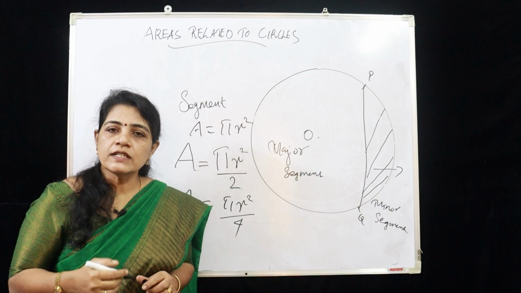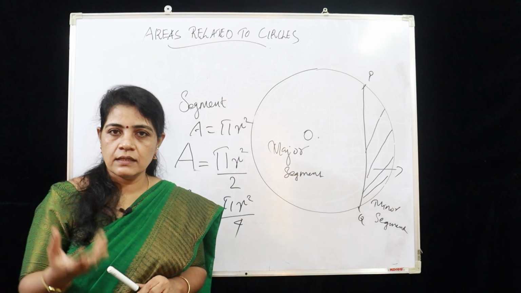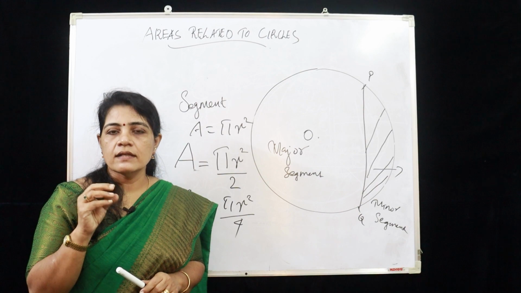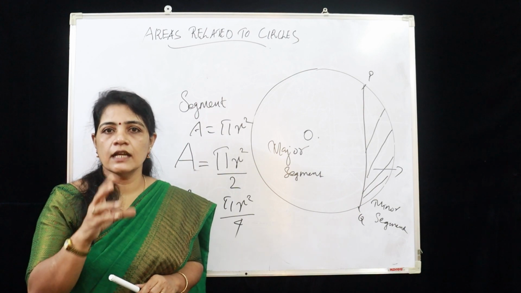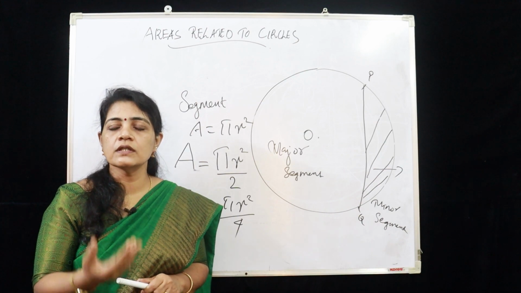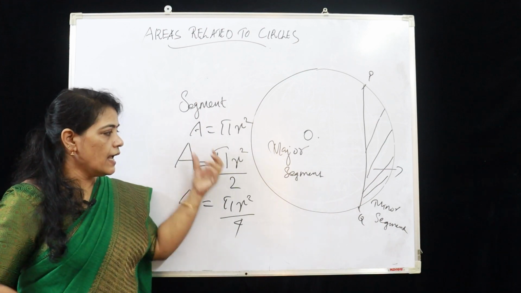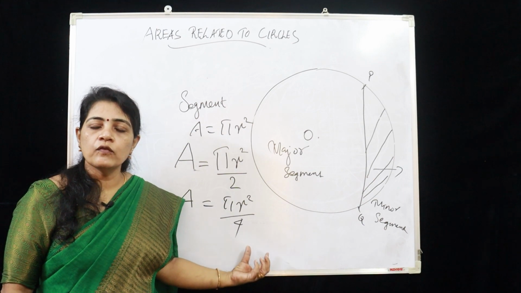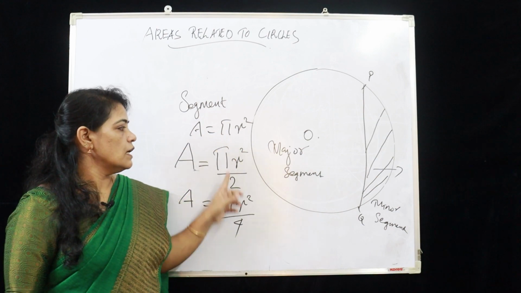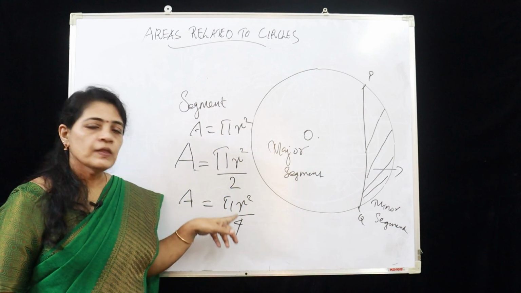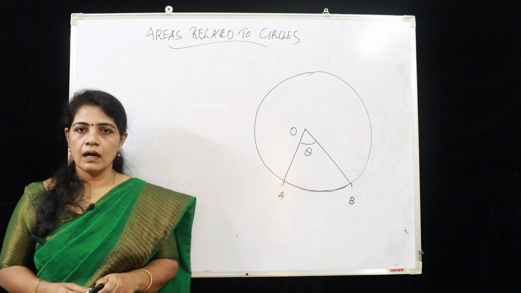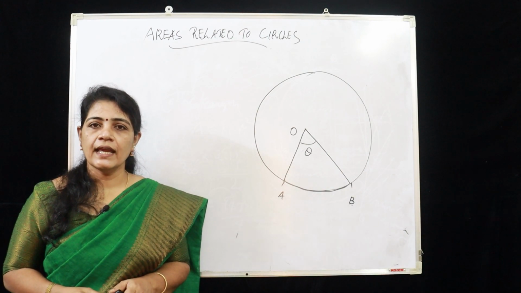And the terms which I have already explained, that is sector and segment, how can we calculate the area of a sector and area of a segment? That is the heading of the lesson, areas related to circle. We are already familiar with the formulas for the area of a circle, area of a semicircle and area of a quadrant of a circle. The next areas related to circle are area of a sector and area of a segment.